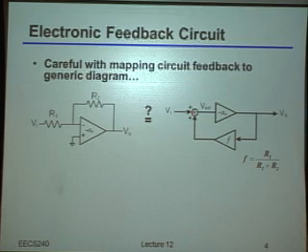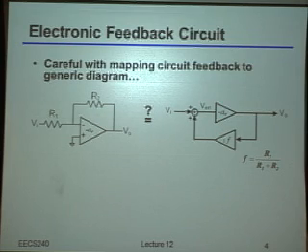Well, as you should hopefully be very clear, if I look from Vout back to the input of the amplifier, I just have a resistive divider, right? So that feedback factor is just R1 over R1 plus R2. Now is where we run into this problem of mapping from block diagrams to circuits.